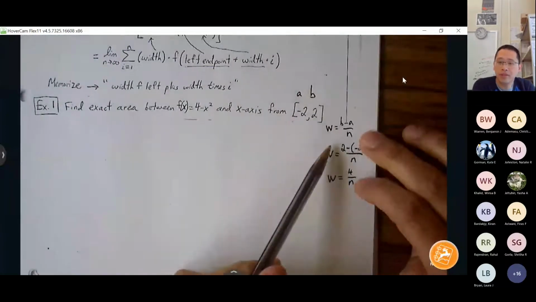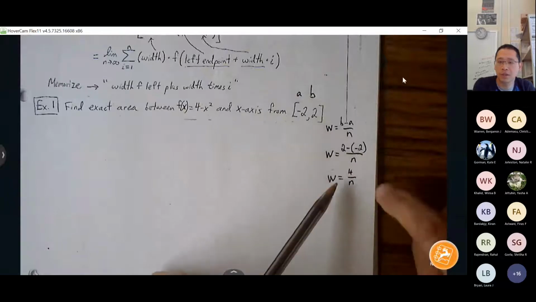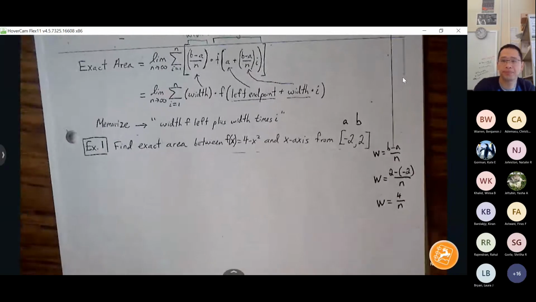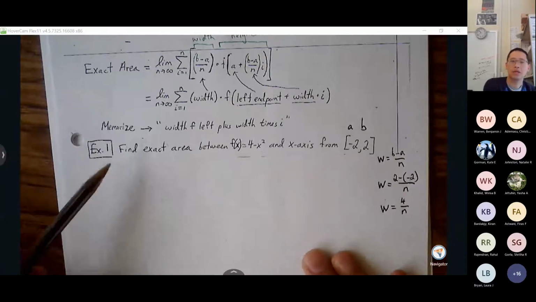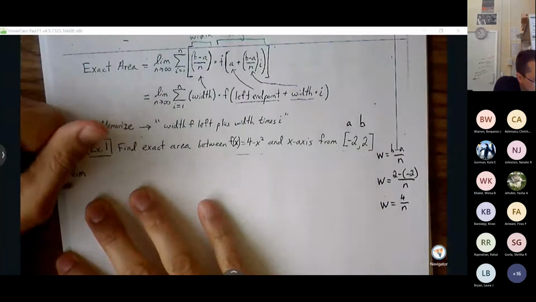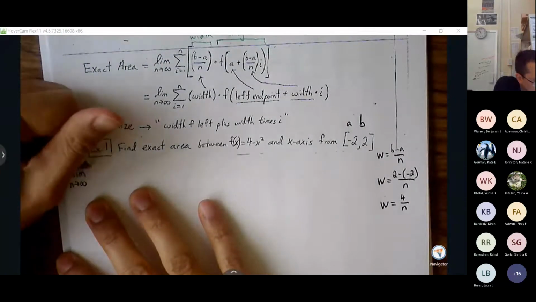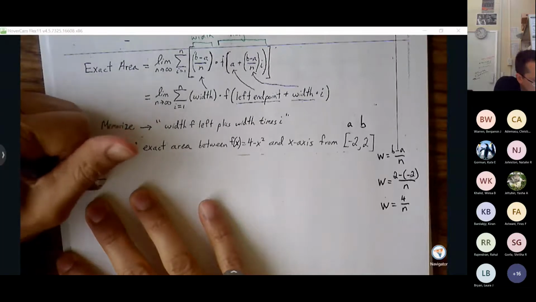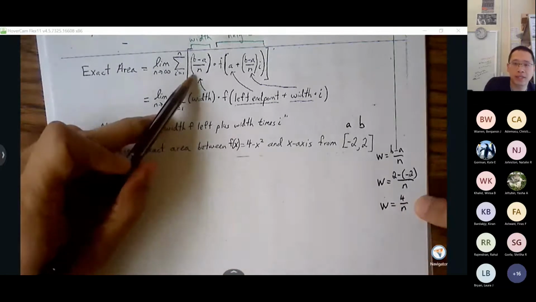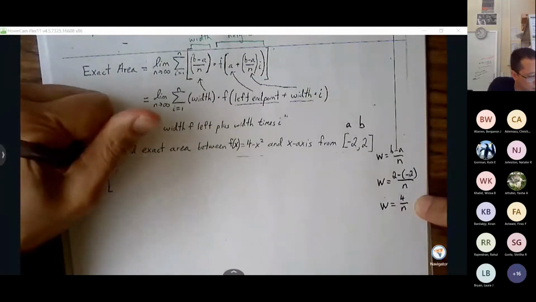Again, we're holding on to the n value because we don't want to be stuck with just a set number of rectangles, right? So 4 over n. All right, so here's our formula. There's our width, which is 4 over n. I calculated that already here.